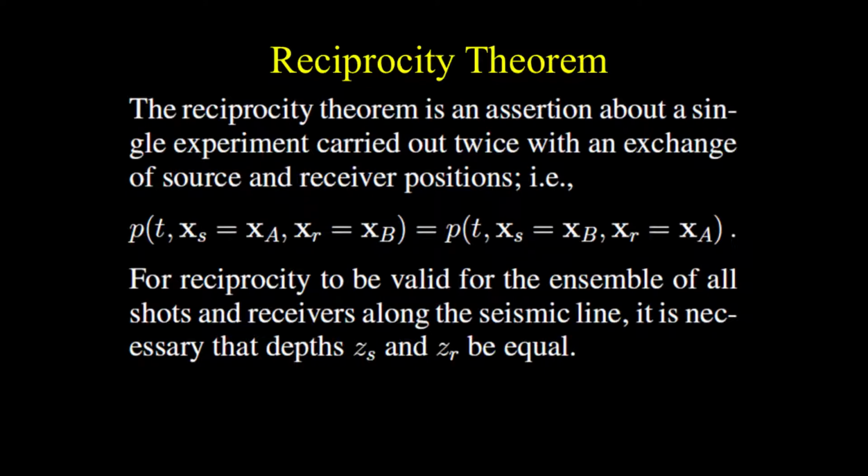For reciprocity to be valid for the ensemble of all shots and receivers along the seismic line, it is necessary that depths ZS and ZR be equal.